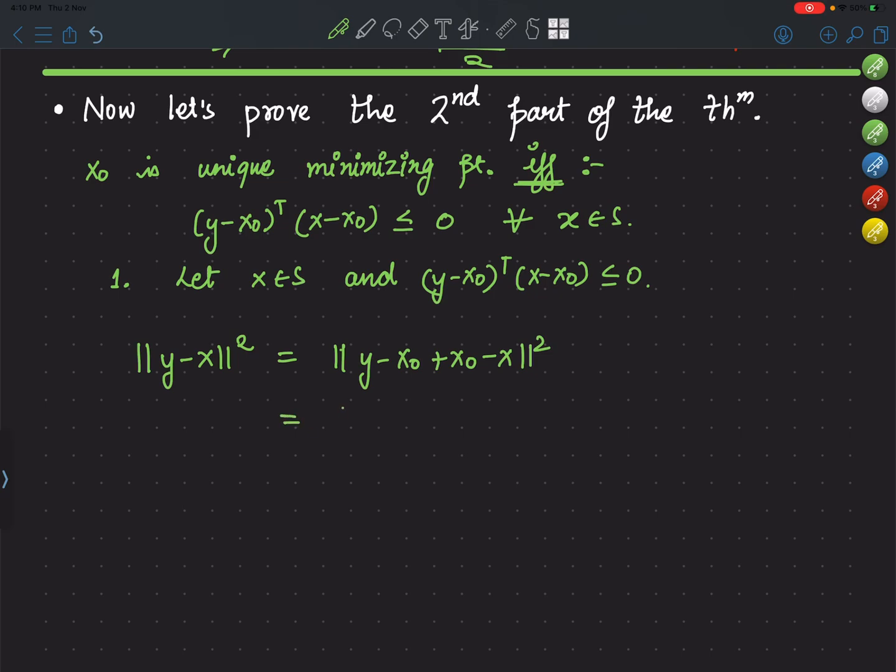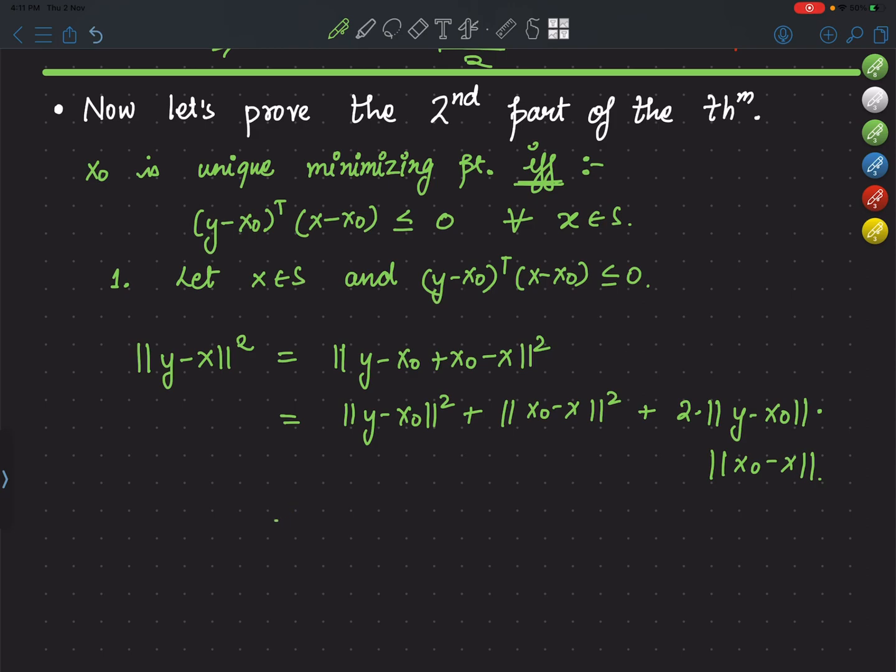If we open it up, ||y − x₀||² + ||x₀ − x||² + 2(y − x₀)ᵀ(x₀ − x).